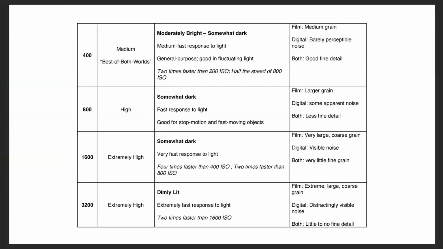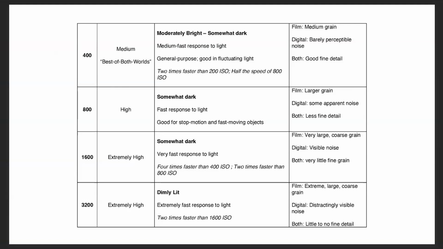And then now 800 somewhat dark, 1600 somewhat dark, 3200 more dimly lit. So this is when you can start photographing, like if you were in your house in the evening or even doing some night photography. This is what you would use for.